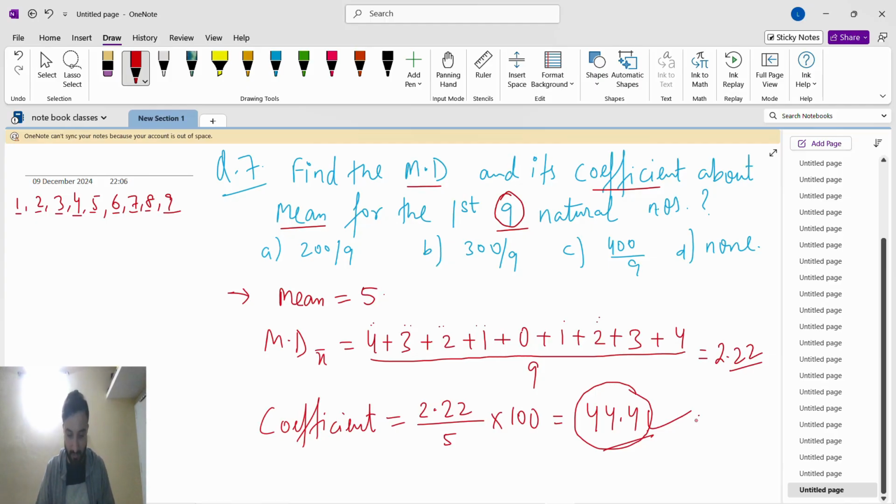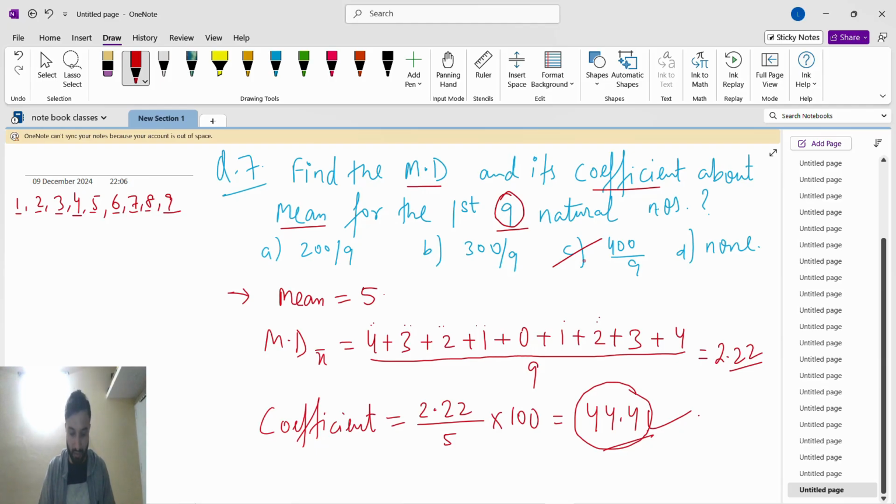So check and tell me what is the correct answer you are getting. 200 by 9 means 22.22. No. Then 300 by 9 is 33.33. No. Then 400 by 9 is, yes, 44.44. The 400 by 9 is the correct answer.